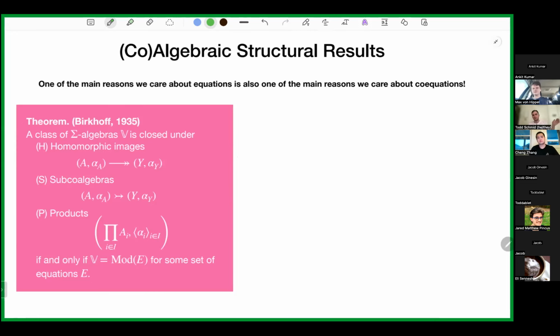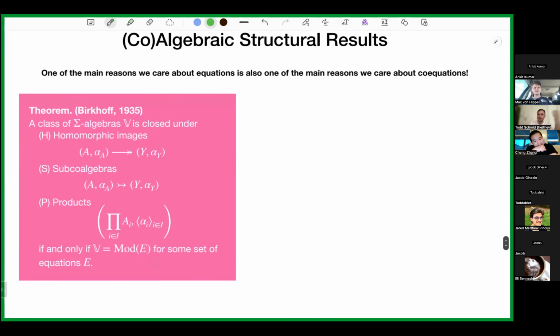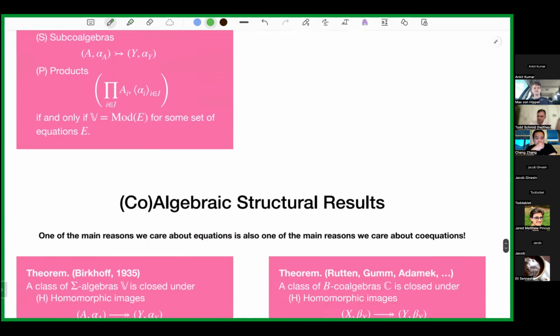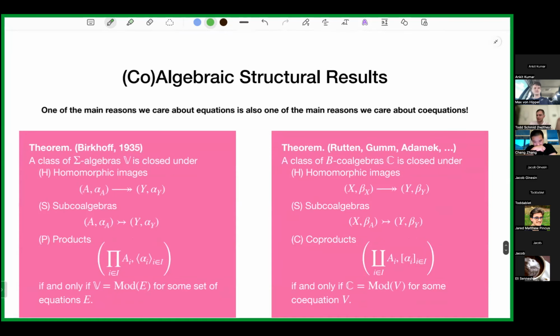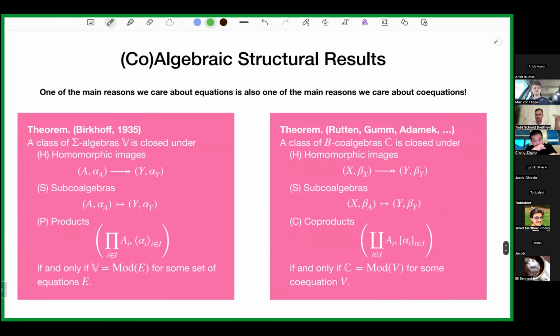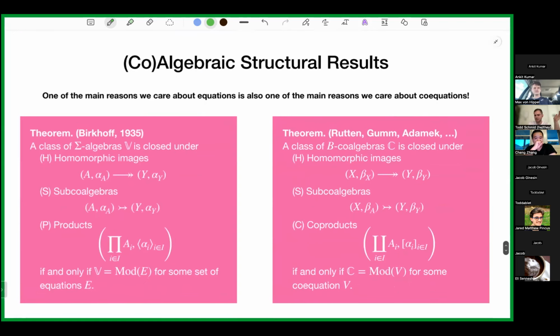We can take homomorphic images of an algebra that satisfies some equations, and we know it's still going to satisfy those equations. We can take subalgebras. I wrote subcoalgebras here because I have a bad copy and paste job, but I really meant subalgebras. We can take a subalgebra of an algebra that satisfies some equations, and we still know it's going to satisfy those equations. And we can take products as well. For coalgebras, we get the dual result. And this was proved in all sorts of levels of generality, mostly starting with Rutten.